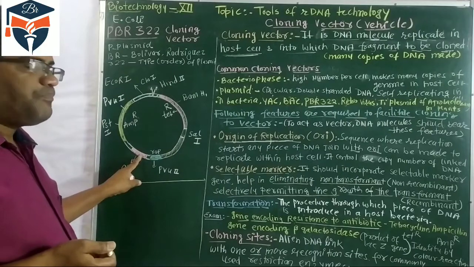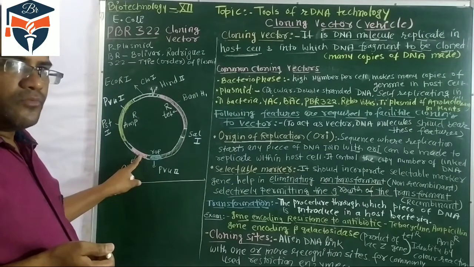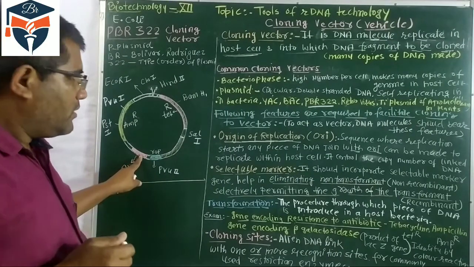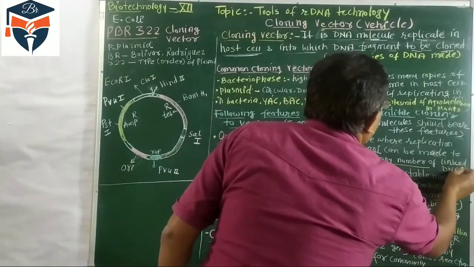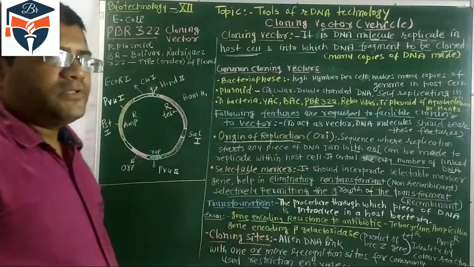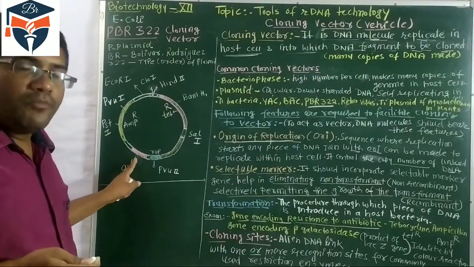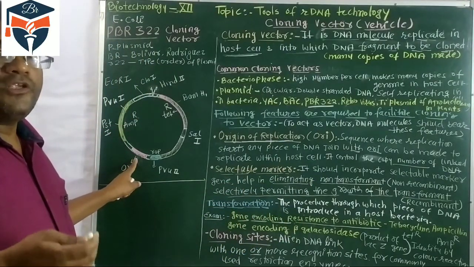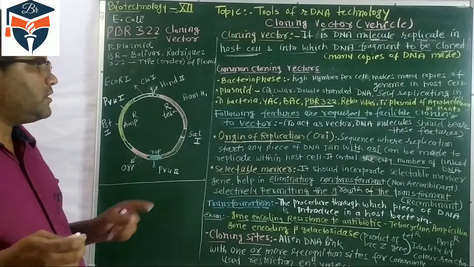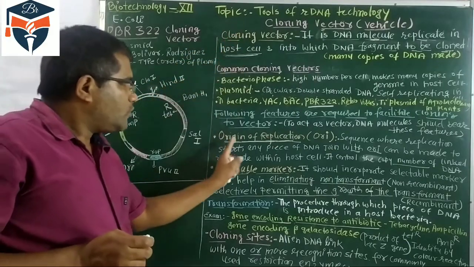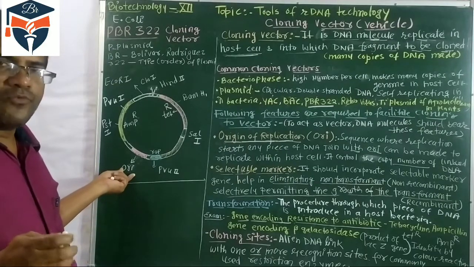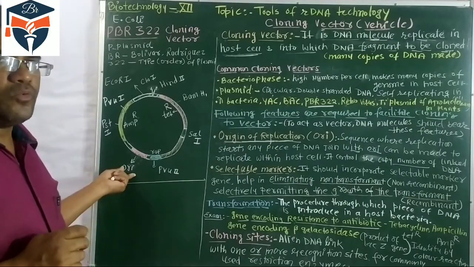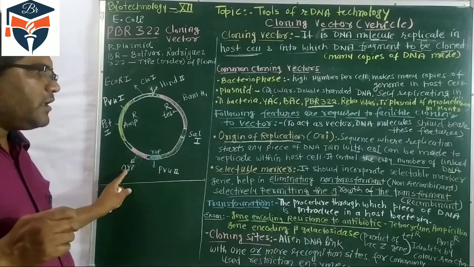So this is the ORI site. Here the DNA is joined and it is replicated within the host cell. This ORI also controls the copy number of the linked DNA. How many copies of DNA have to be made is decided by ORI. What is the origin of replication, ORI? It is the sequence where replication starts.